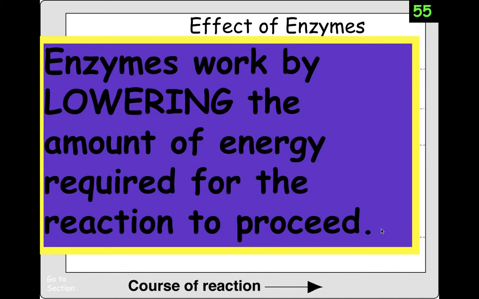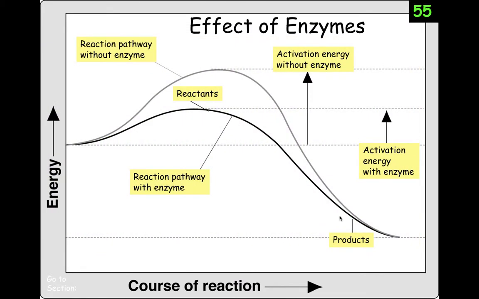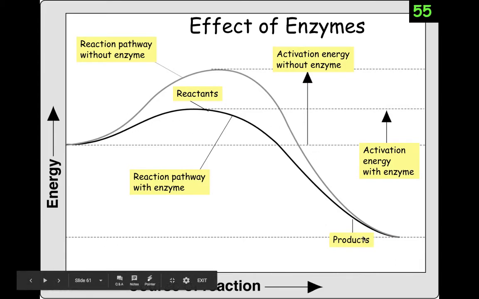Okay. We talked about this briefly at the beginning, the idea of activation energy, and that's an idea that we'll definitely look at more if you decide to take an AP chemistry course. But how catalysts or enzymes work is they lower the amount of energy that's needed for the chemical reaction to proceed. Most chemical reactions follow this kind of pathway, in that the products have a lower energy state than the reactants do.